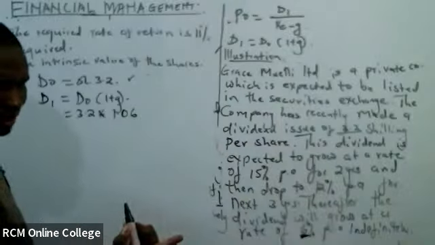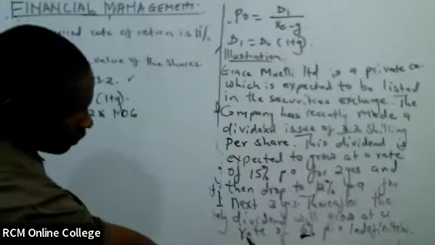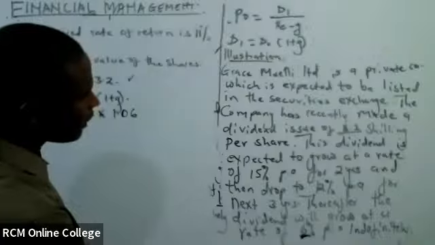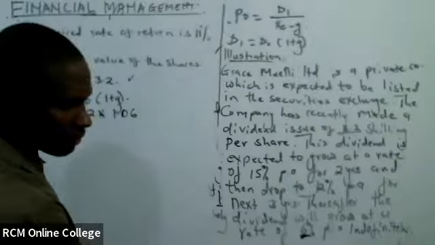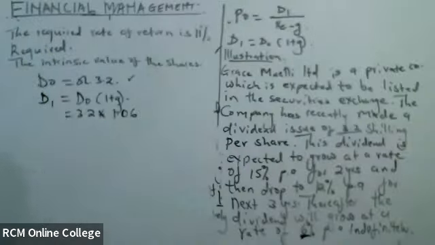Where did you get 15? That is not the growth rate. Wait a minute. We have to think. Are we going to use the growth rate of... we have several rates.